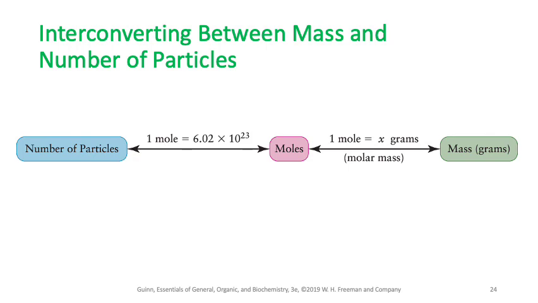So now we're going to learn how you can convert between the mass and the number of particles. If the amount is given in grams, how many particles do you have in that particular amount? Till now, whatever problems we did were using moles. If you remember, if the number of particles is given, we calculated moles.